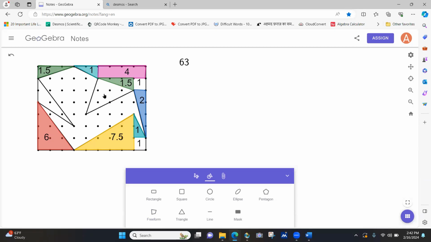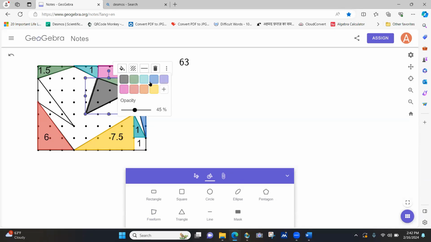I'm going to use a separate picture to work on these two. I'm going to use a cleaner picture. There will be less distraction. I'm going to first find this. I'm going to come back here and write the number. Let's shade it. And let's shade this one as well.